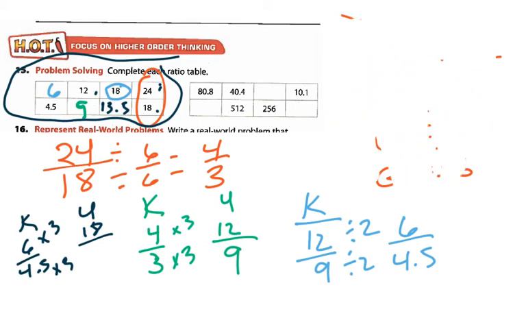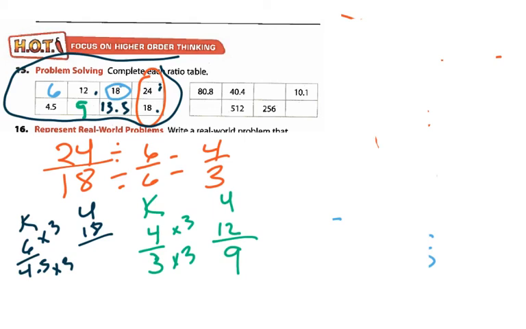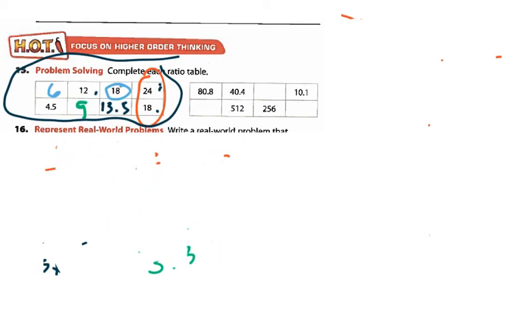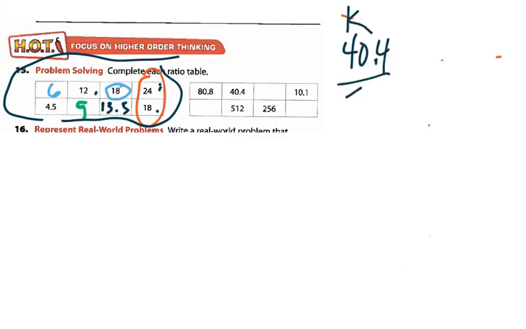So the next one, we're going to work that one the same way. Okay. That one, the next one is actually, it looks harder, but it's actually a little easier than that first one. So the next one, we have this one filled in for us. 40, I'm going to make that my K, 0.4 over 512. Well, my unknown here, I have 80.8.